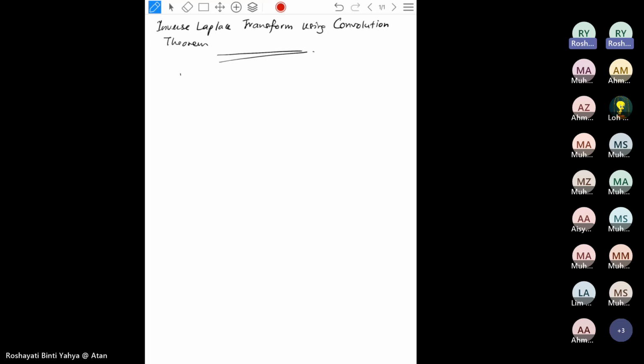So here it says that if you have the inverse Laplace transform of F(s) equal to f(t) and the inversion of G(s) equal to g(t), then the inverse Laplace transform of F(s) G(s). Okay, class.